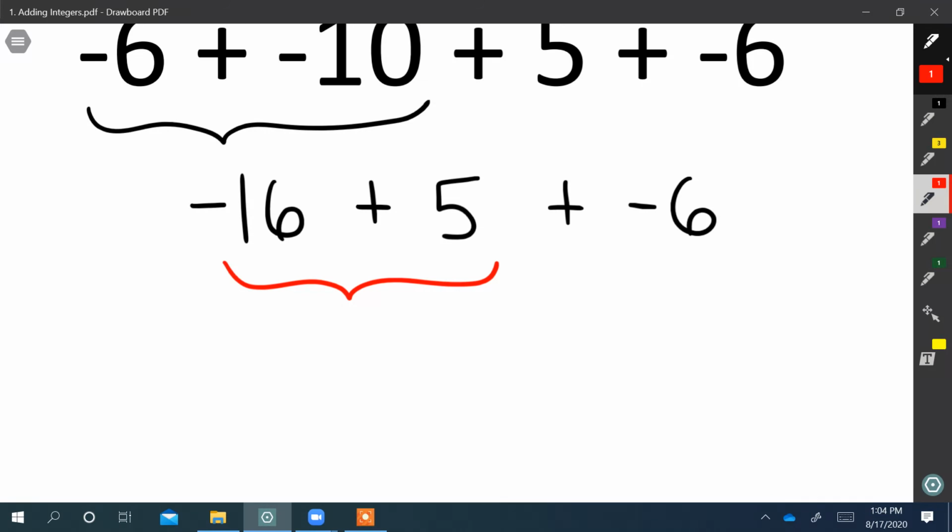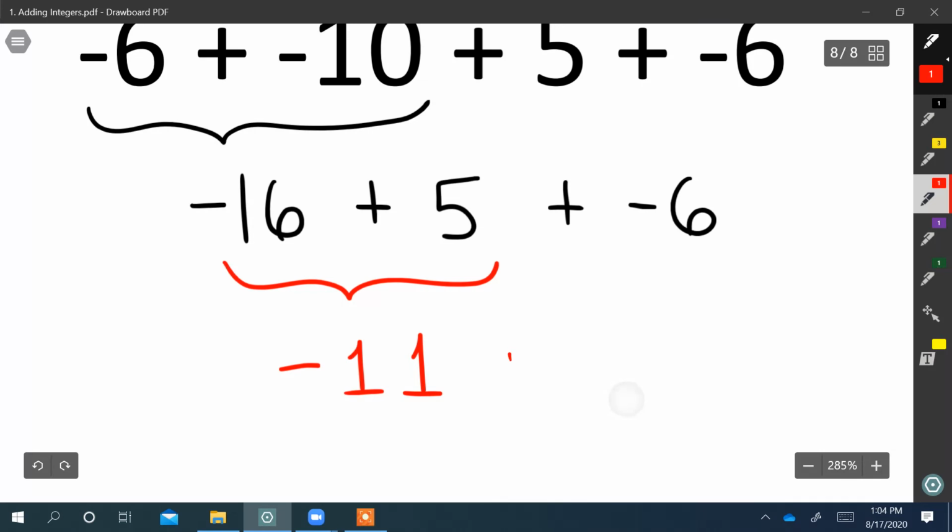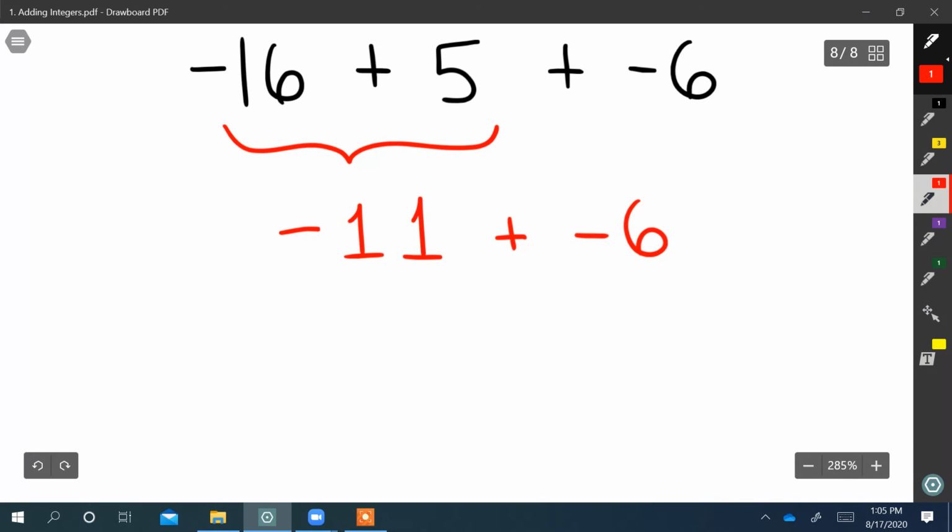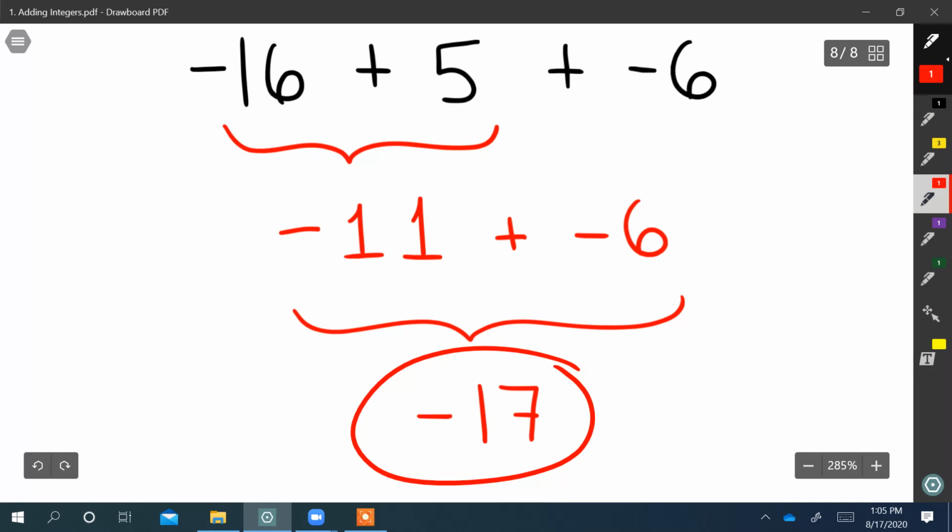We have more negatives, so my answer better be negative. That's going to give me negative 11. Remember, I'm subtracting. Plus negative 6. If I'm adding two negatives together, I'm actually going to add them. My final answer on this will be negative 17.